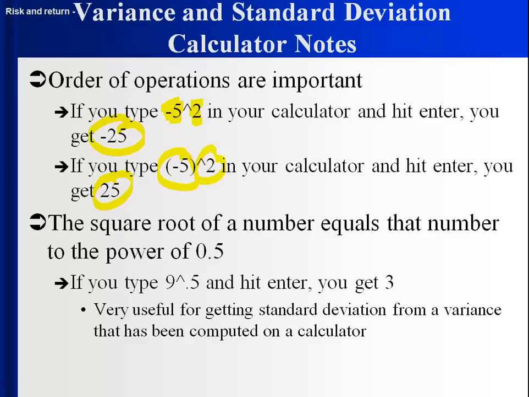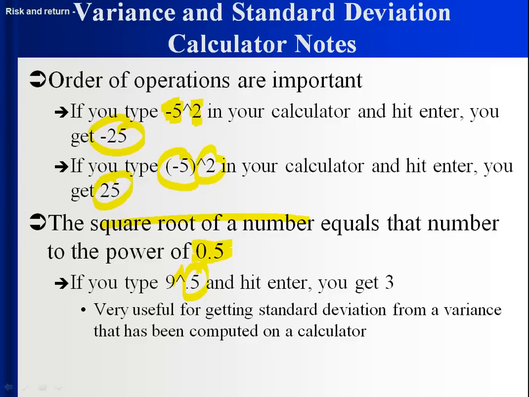A little shortcut: remember the square root of a number is that number to the power of 0.5. So you do all this work and you come up with the variance. An easy way to then convert the variance into the standard deviation is to take it to the half power, the 0.5 power.